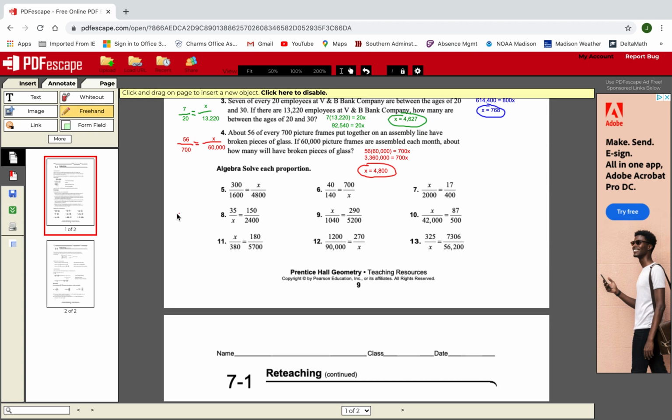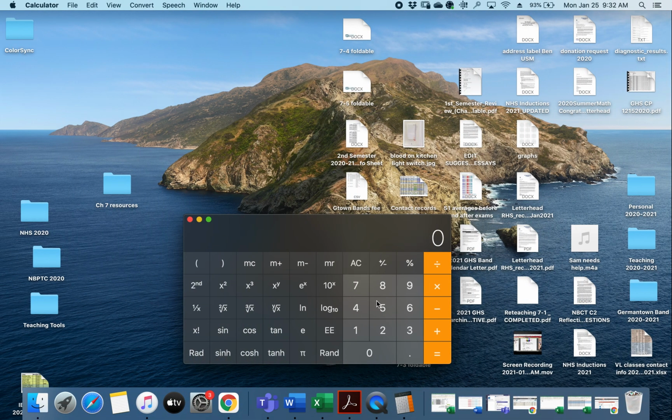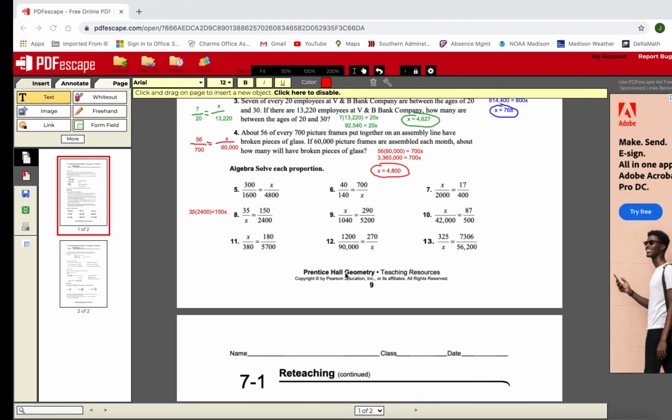Okay, so on number 8, let's do 8 for instance. Cross multiplying, we have 35 times 2,400 equals 150x. Okay, 35 times 2,400 is 84,000.